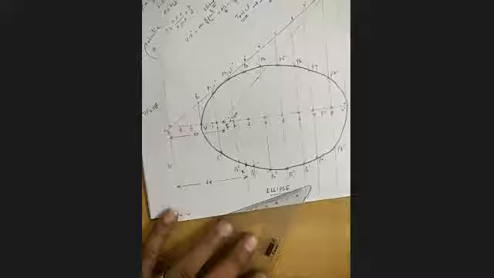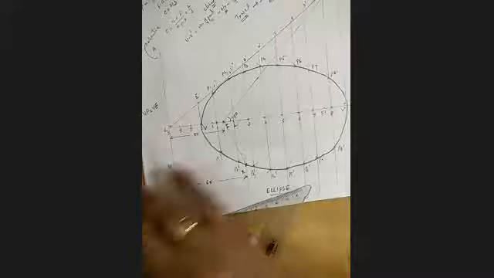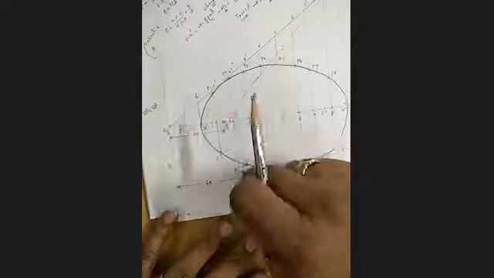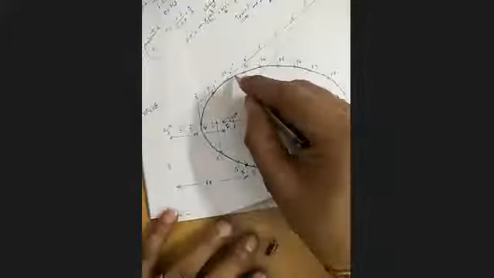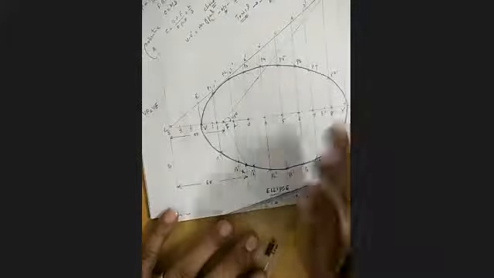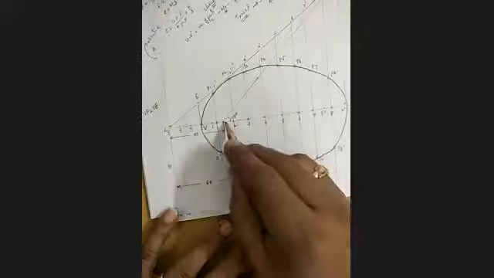Above the axis and below the axis. Only a mirror image. Either one. This we took as the true image. Why did I take below? Because there are so many points I drew above and below is empty, so I preferred below. You can draw here or here, both are correct. Then this x value I joined with F.